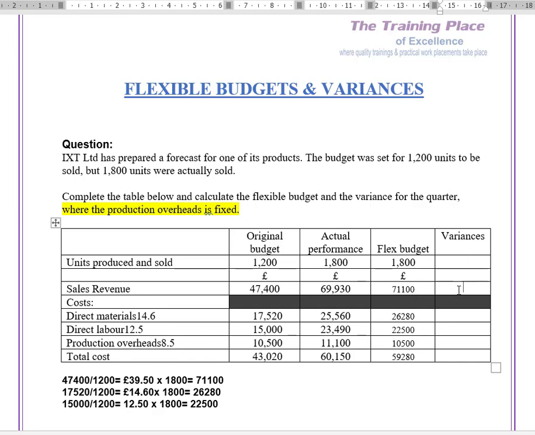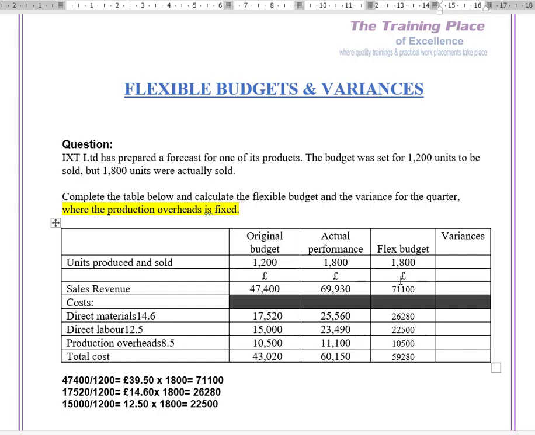For the variances, you are just looking for what is the difference between my actual performance at the activity level, figures or cost and income, compared to the flexed budget at the same activity level, all my income and expenses. Get the difference, and that will be delivered as the variance. Very commonly, we will then be stipulating whether the variance is adverse or favorable.